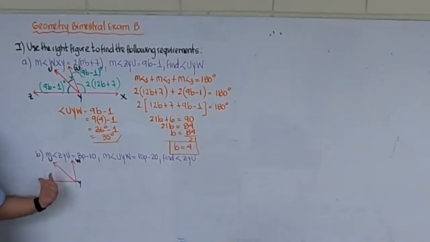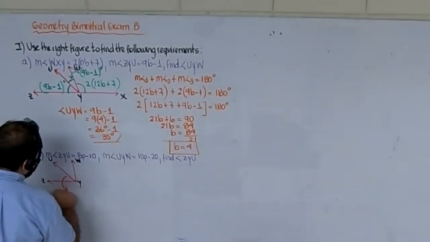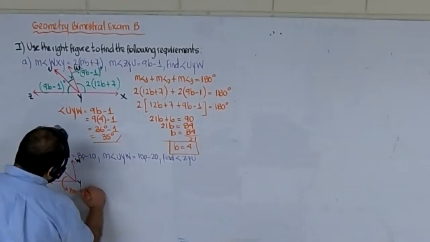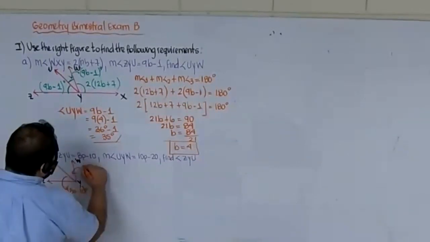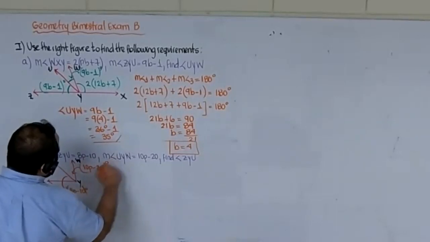This property, we cannot say it's complementary angles because the problem never says these are right angles. For that reason, we cannot do that. We can talk about the bisection. This angle has a value of 8p minus 10 degrees, and another angle has a value of 10p minus 20 degrees.